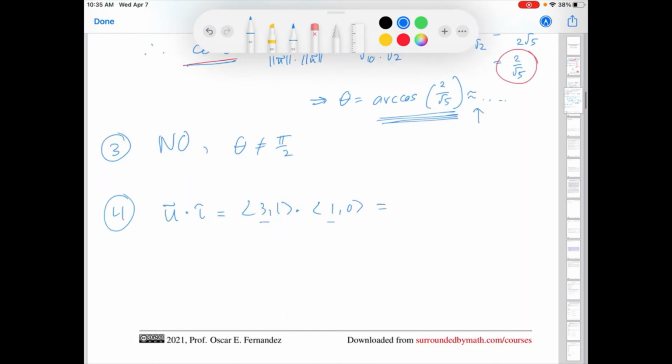I multiply the x components together and add the product of the y components, which is 0, so I just get 3. And then u dot j hat, (3, 1) dot (0, 1). Similar thing: here I get 3 times 0 plus 1 times 1, so I get just 1.